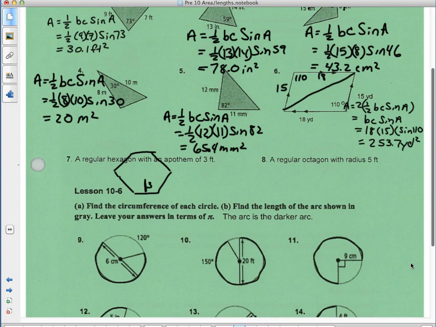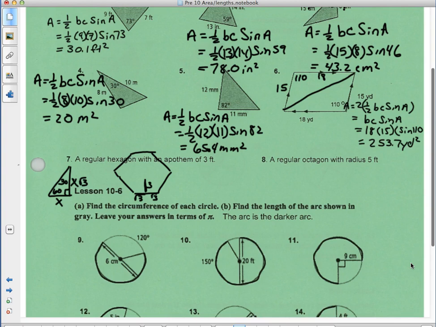My apothem is 3. Well, if that's 3, this is the square root of 3, and this is the square root of 3 because it's coming from that 30, 60, 90 triangle. Remember that this is 30, this is 60 and 90, and this is x square root of 3, and this is x. Well, if that's 3, x had to be the square root of 3.